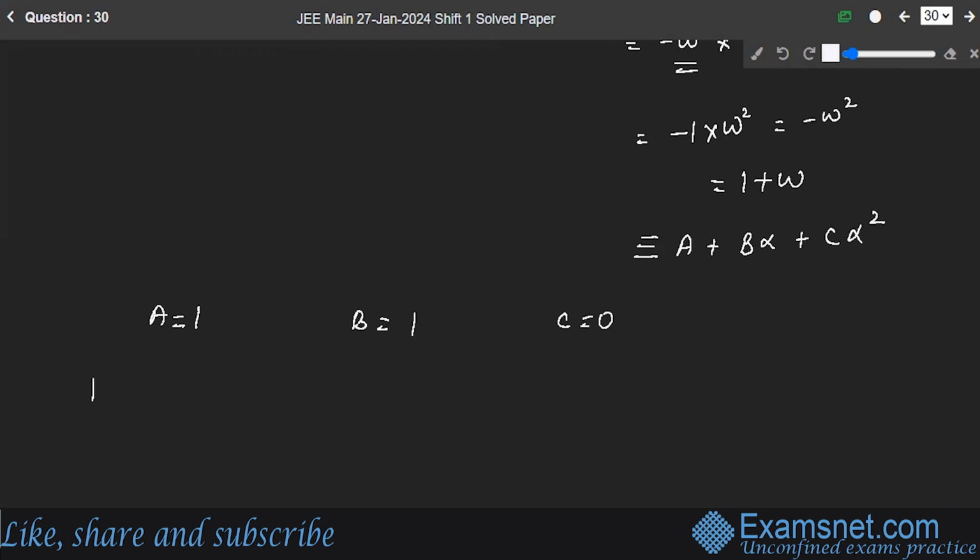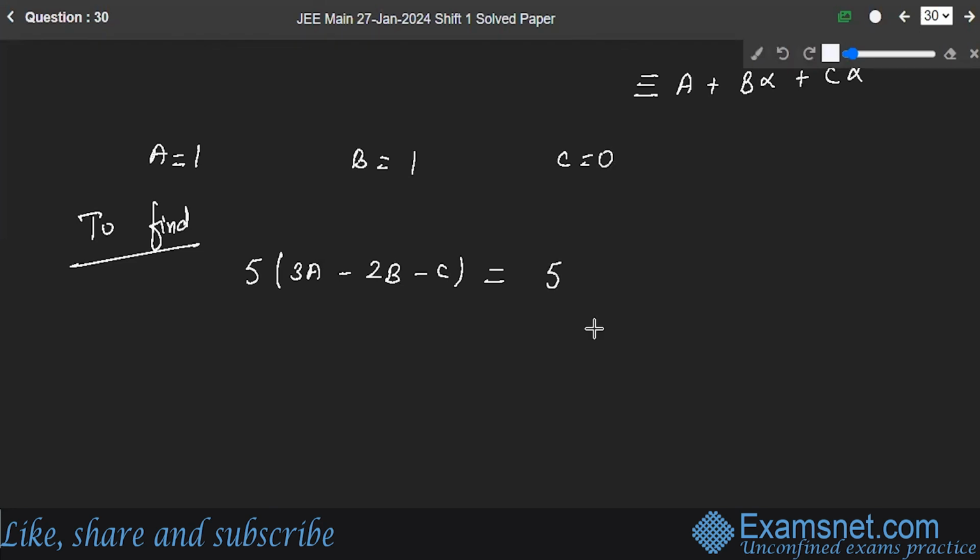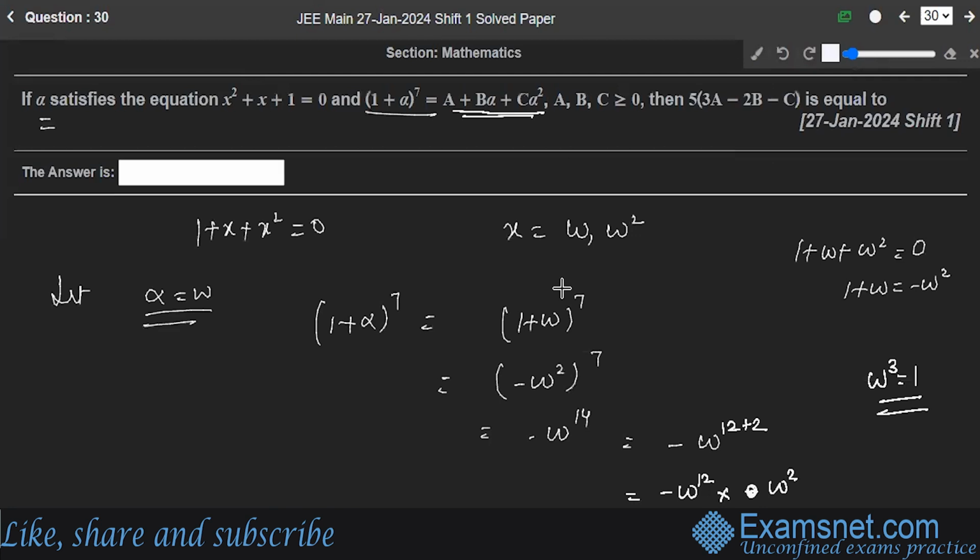You have to find out 5, 3a minus 2b minus c. So this is equal to 5 into 3 into a minus 2 into b minus 0. That gives me 5 only. That's it. This is the last question, and a pretty easy one. Actually, maybe it's a gift.